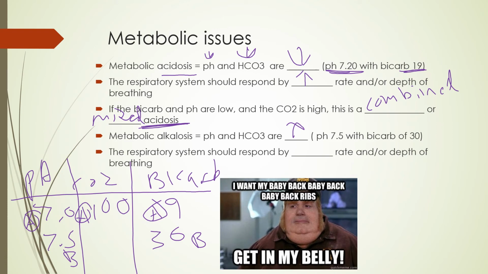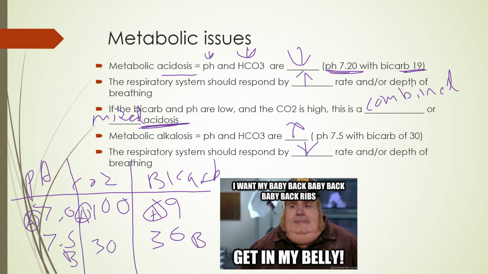Well, how would you compensate for this? So this means if your body's in a severe alkalosis, the respiratory system should respond by decreasing the rate or depth of breathing. Well, let's just say you're in this situation and you're scared and have anxiety, and so you hyperventilate, and so let's say your CO2 is only 30, right?